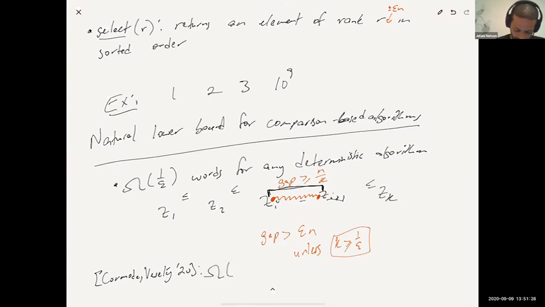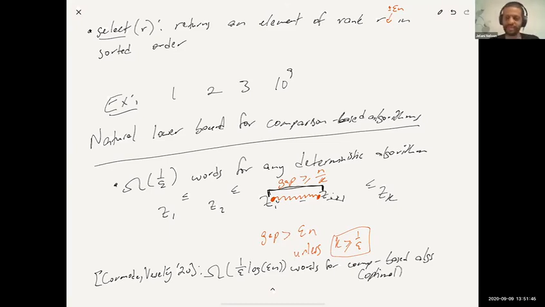But they show there's a lower bound of omega of 1 over epsilon log of epsilon n words for comparison-based algorithms. And this, by the way, is optimal. There was an algorithm from 2001 which achieved this bound, so they got the tight bound for deterministic comparison-based algorithms.